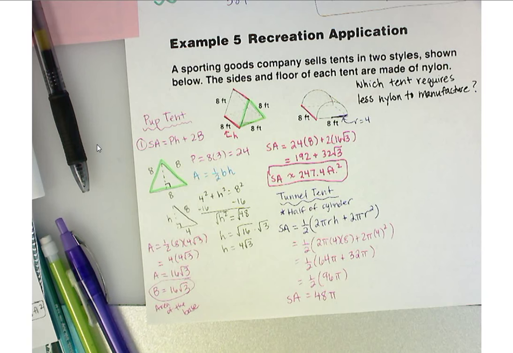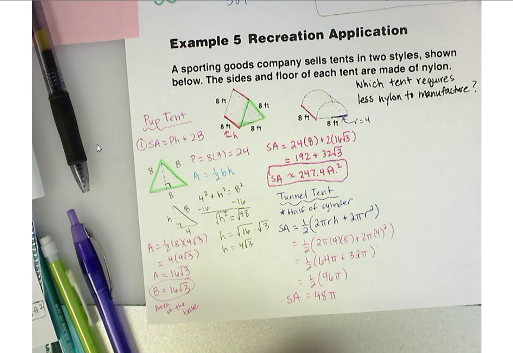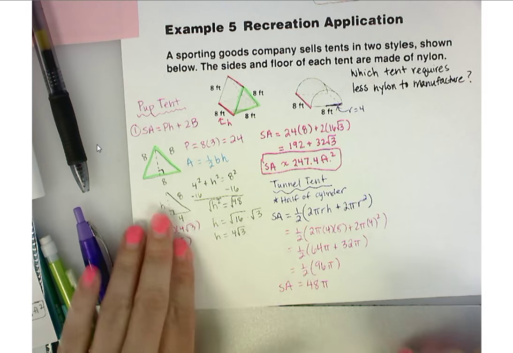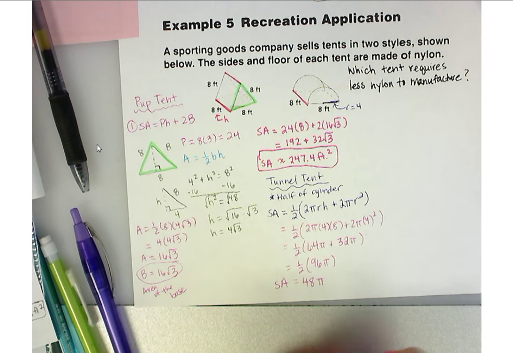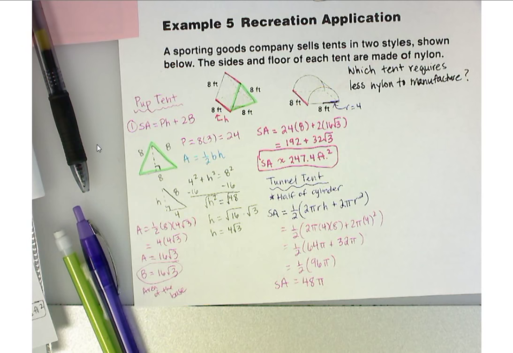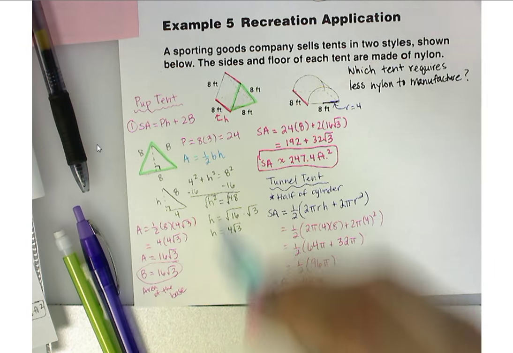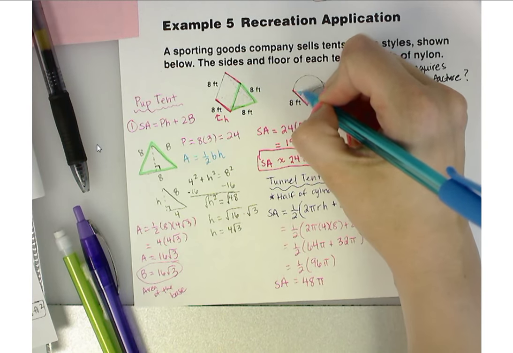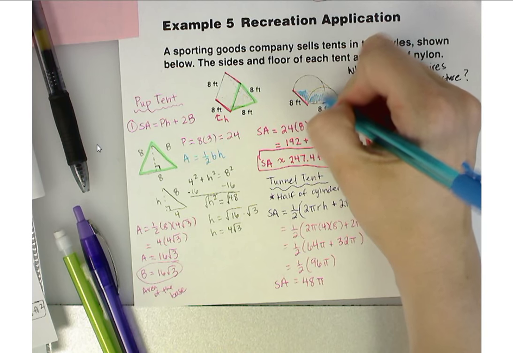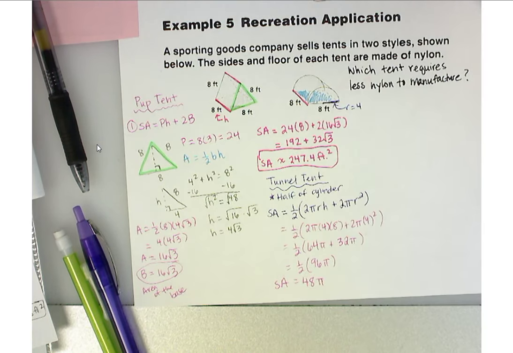Okay, so what we did is we found the surface area for half of a cylinder. And in addition to that, this one has what type of base? A rectangular base. So remember, the surface area for a cylinder does not include this portion, which is the base of this tent. Because remember, a cylinder, the surface area is just going to be everything around the outside. So what do we have to do to this 48 pi? You have to add to it, right?